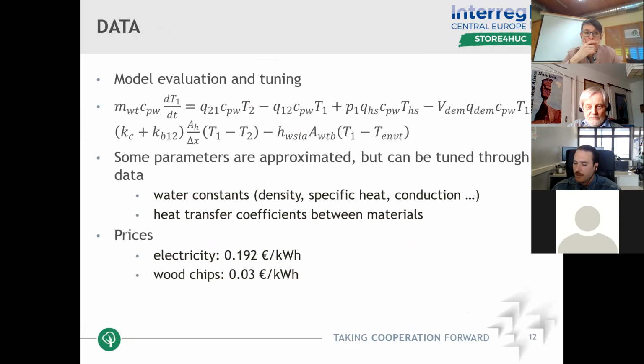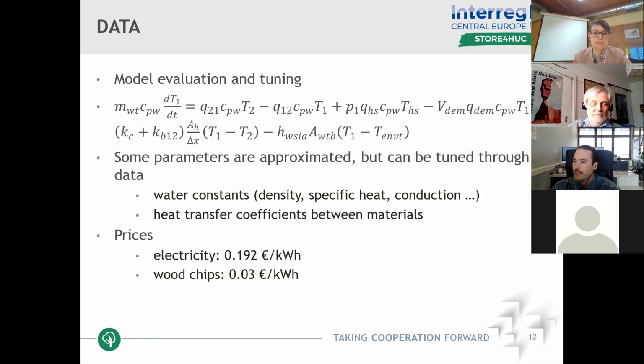We also said that we need data measured at the sites to evaluate and tune our model, so we can see if the model we're using is correct. So we can enter powers used at those times and compare the temperatures given by the mathematical model and the measured temperatures, and so we can tune our parameters.